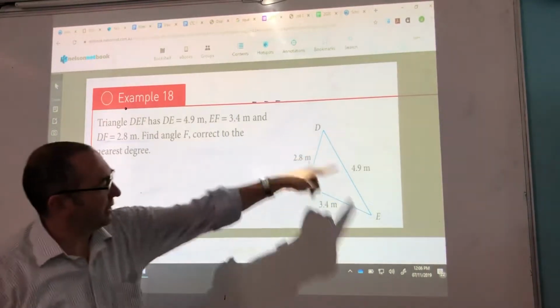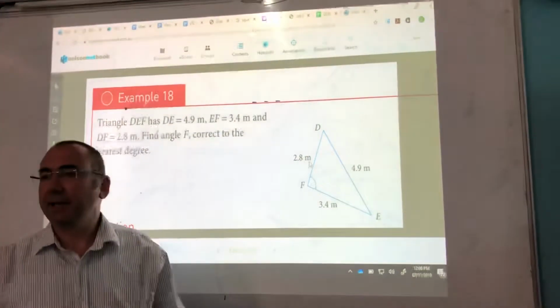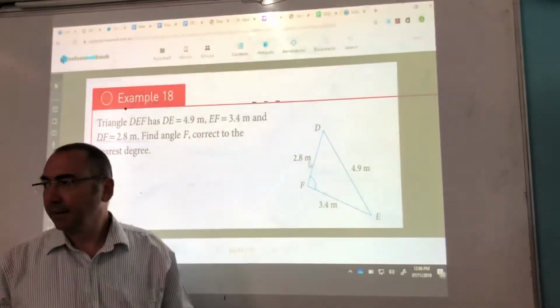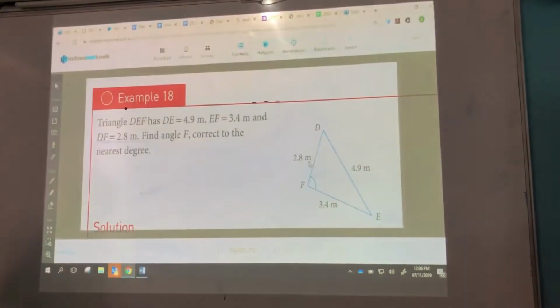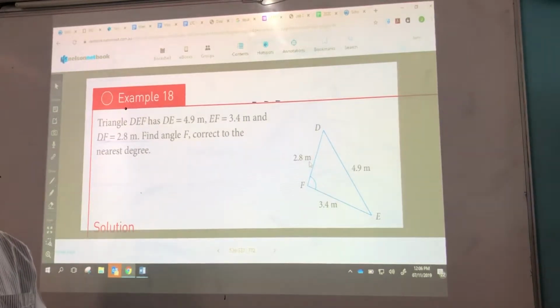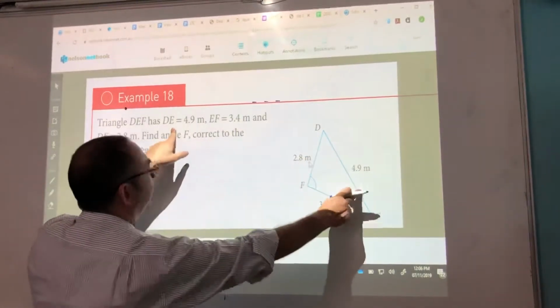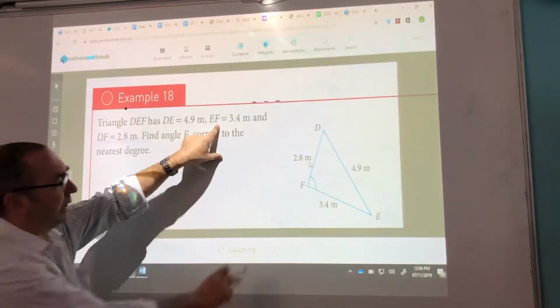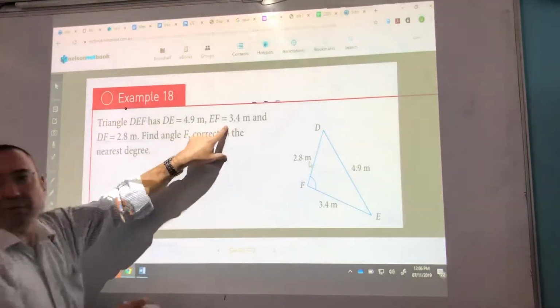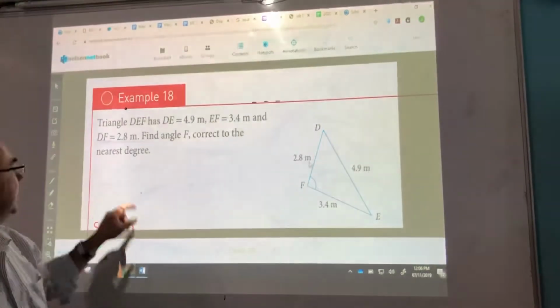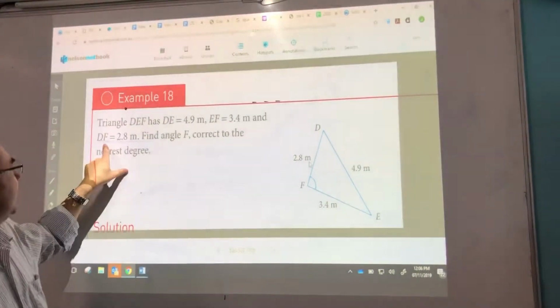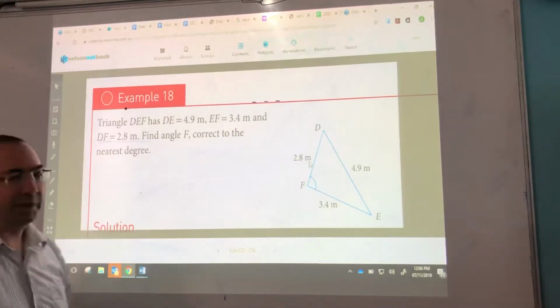Interestingly, they've made it DEF, so we're going to have to do some of that translation to get the format of the formula that we want. So triangle DEF has a side DE at 4.9, and that's been labelled. It's got a side EF at 3.4, and another side at 2.8, and those have been labelled.